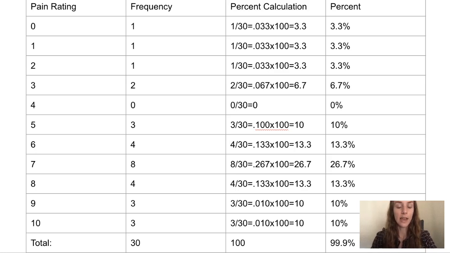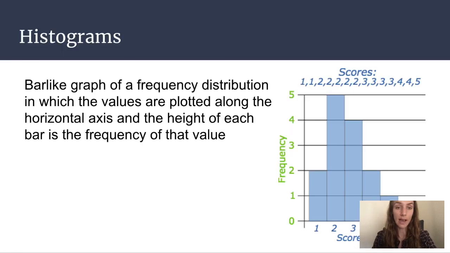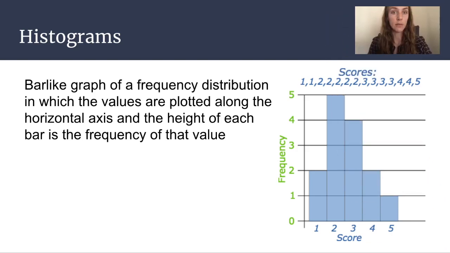All right, so there we have it with basic frequency tables. So let's go ahead and talk about how we might start to visualize this type of data. We have a type of graph called a histogram. And histograms are designed to display data like this. Histograms look a bit like a bar graph.